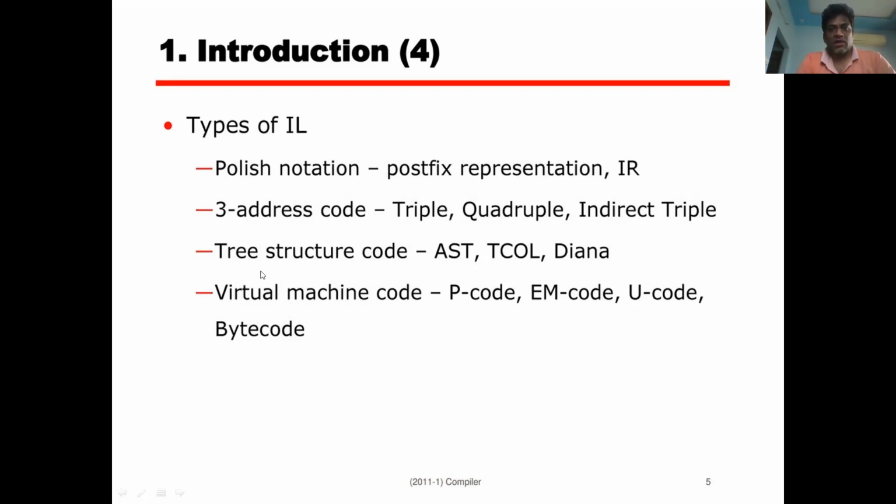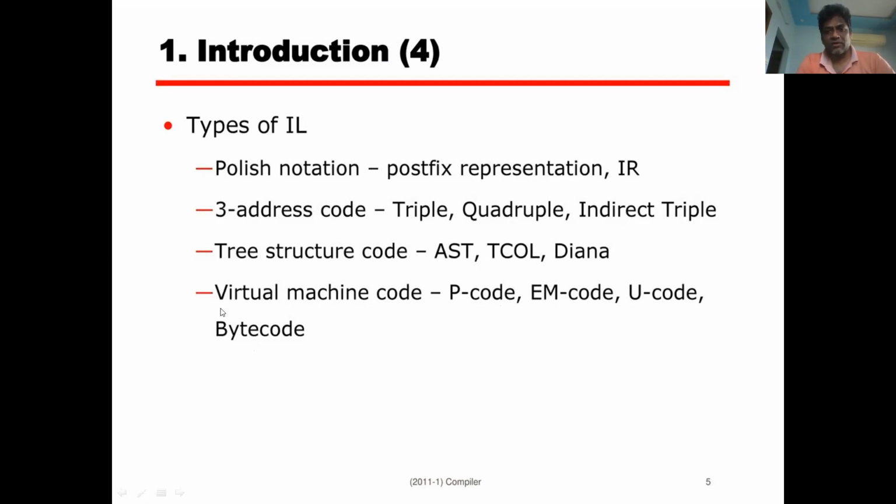And high level representations in the form of trees, such as abstract syntax trees, TCOL, Diana, and directed acyclic graphs, and so on. In our syllabus, we have abstract syntax trees and directed acyclic graphs. So we will cover these two topics. And machine dependent virtual codes, which are also called virtual machine codes, such as P code, EM code, U code, and byte codes.